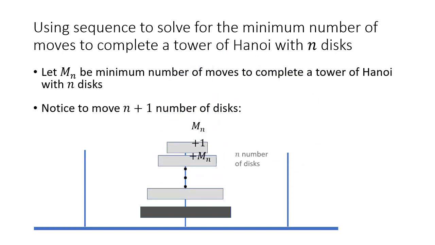And then another Mn moves are required to move the n disks all on top of that one large disk. Therefore, we can say that Mn plus 1 equals 2Mn plus 1, which means that to move n plus 1 disks, we need to double the number of moves required to move n disks and add 1 to it.